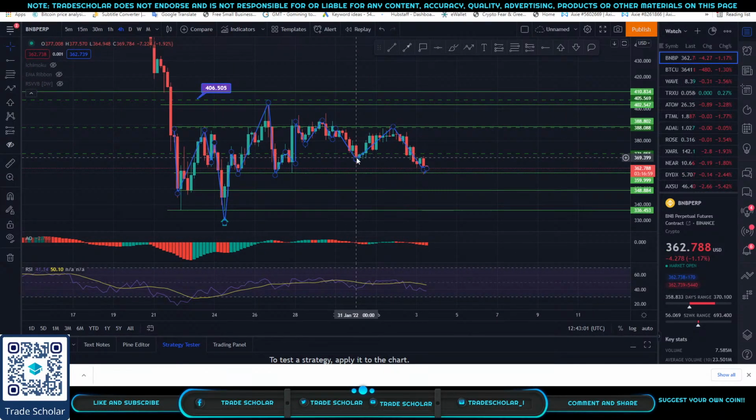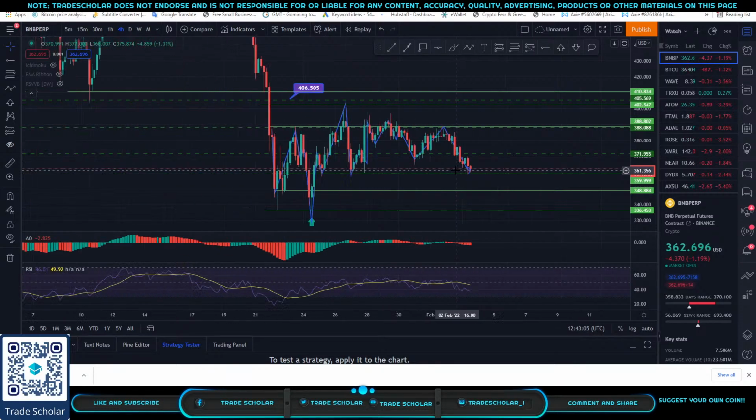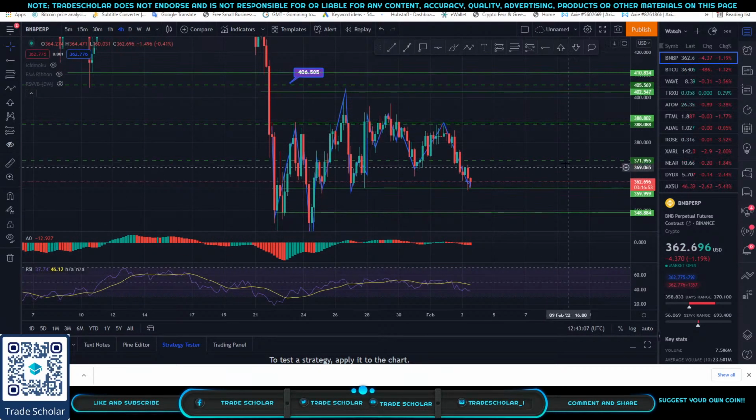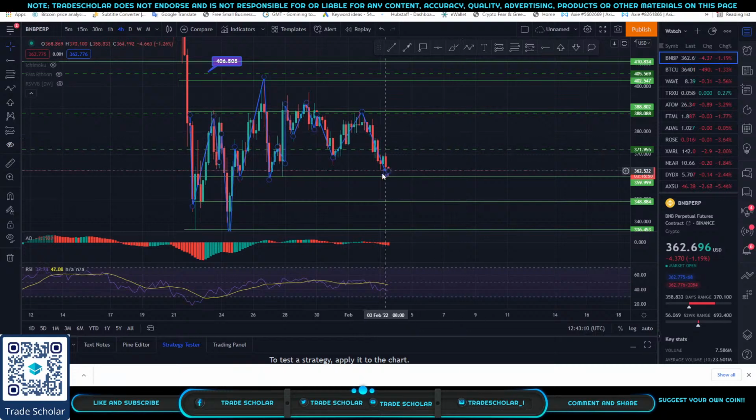This is also a good support here, area. Okay, so from here, we can expect more to the upside, okay? If this holds, okay, listen, if this holds, then we can go to the upside.